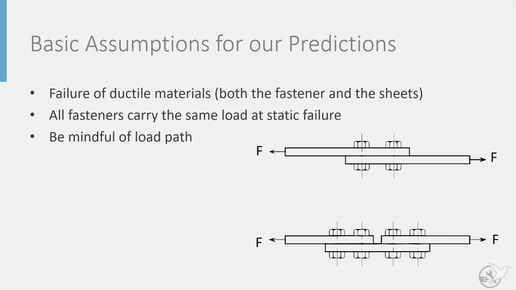That load transferred from one plate to another is a very important thing to keep in mind, and that's related to the load path. If we consider these two joints here, one with 2 rows of bolts and this one with 4 rows of bolts, you have to be mindful of how many rows actually transmit the load. In the upper case, the load is transferred from one plate to another by 2 rows.